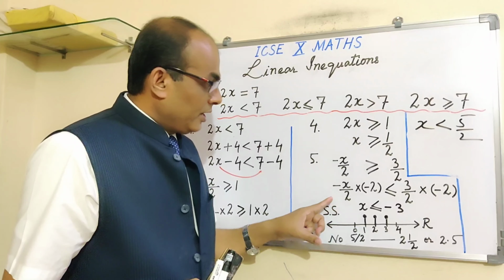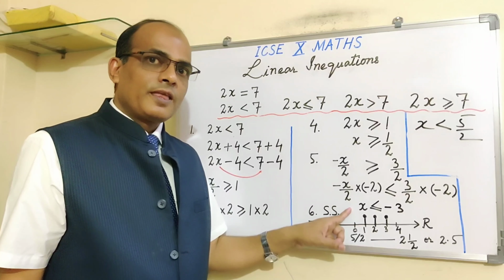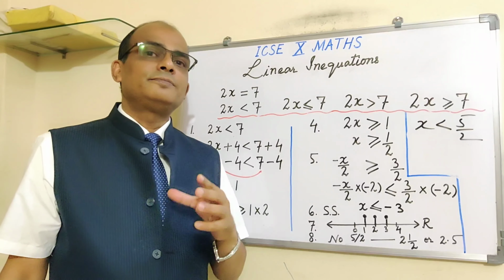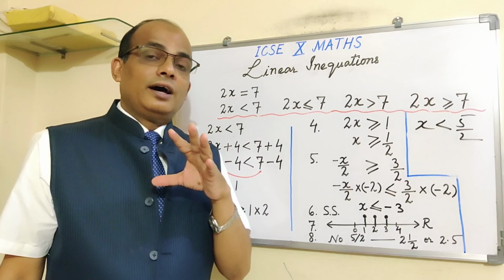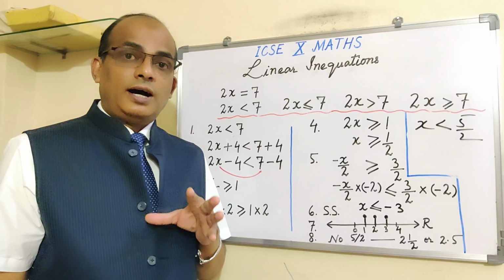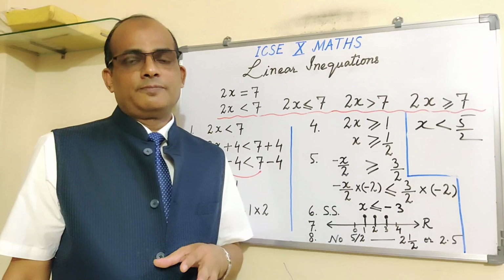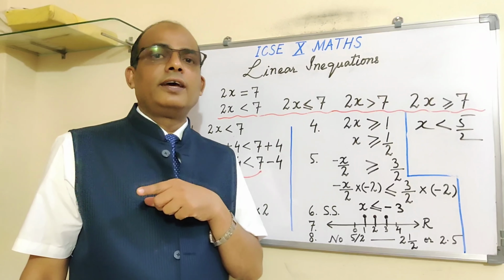Okay. So the 6th point is to write down the solution set. There are 2 ways. One, rule method. Second, listing method. That depends on whether x belongs to R or x belongs to other than R. If x belongs to R, then rule method.